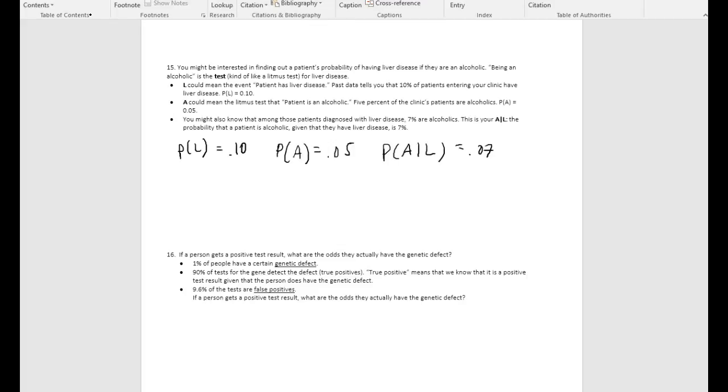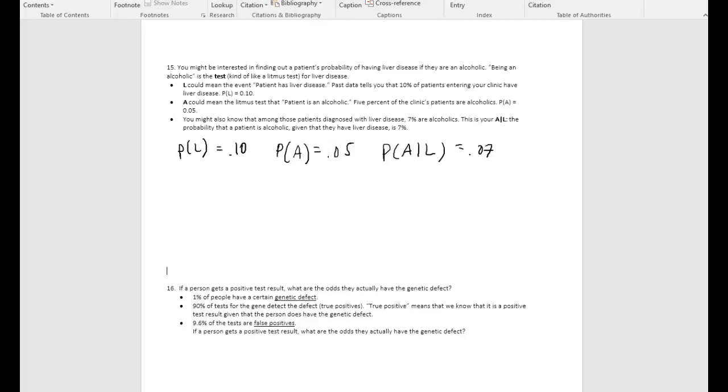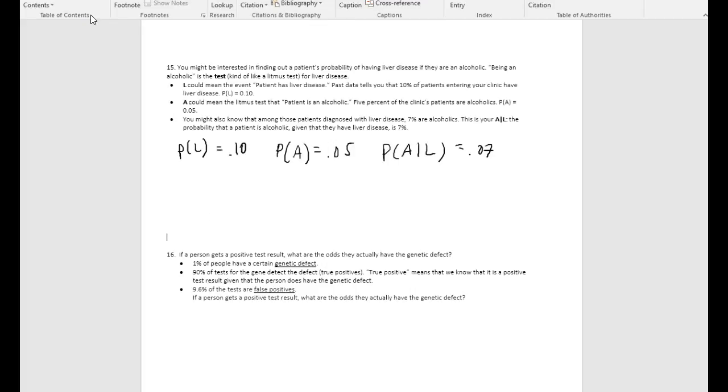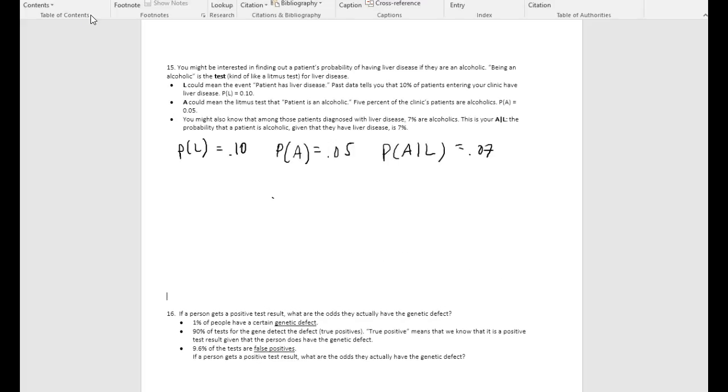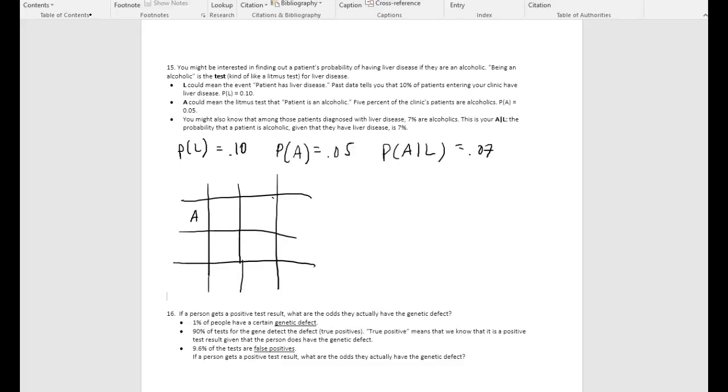Okay, so then we would just make our standard contingency table here. So we have alcoholic, not alcoholic, liver disease, not liver disease.